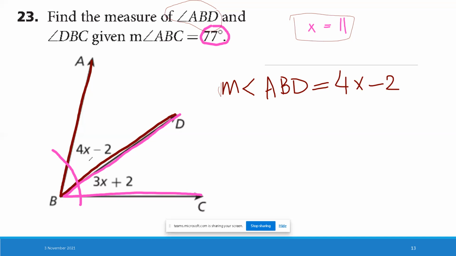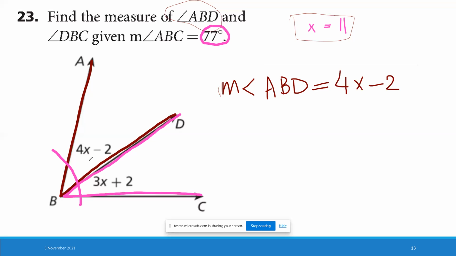Did you understand from where we bring x equals 11? The previous step. Okay.